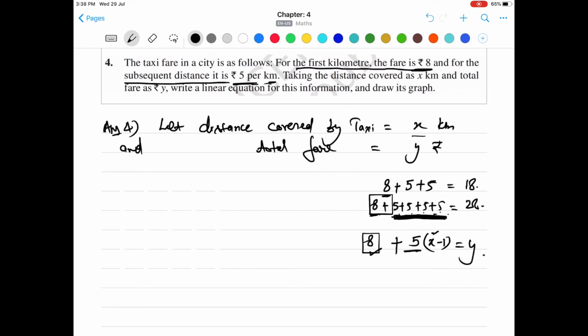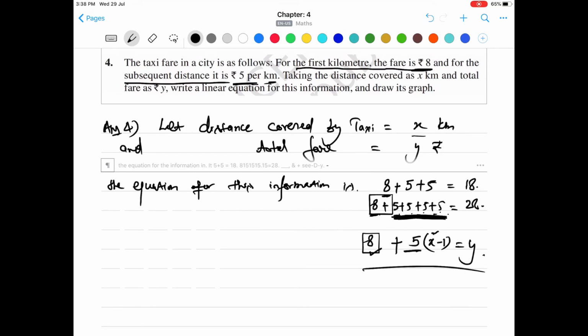You have to write a linear equation for this information. The equation for this information is, that equation is from here.